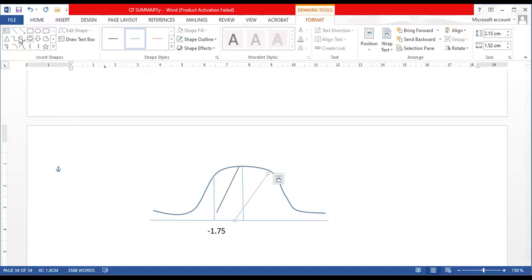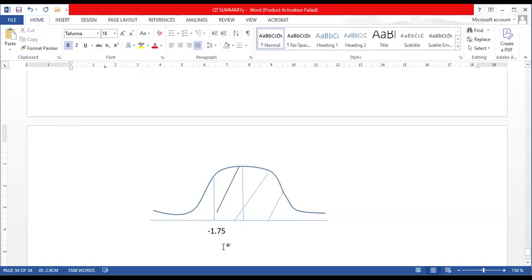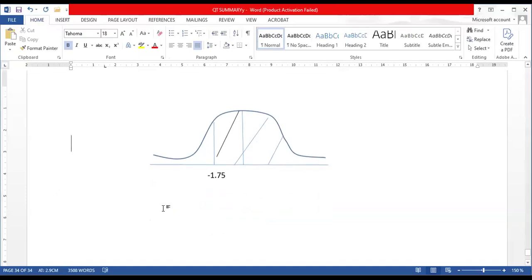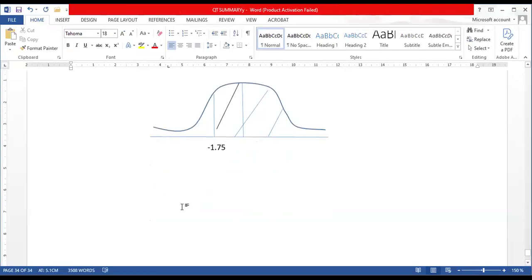Don't put a lot of design to scare your neighbor. They will not mark your designs, they mark the concept. So here I have shaded the right side.